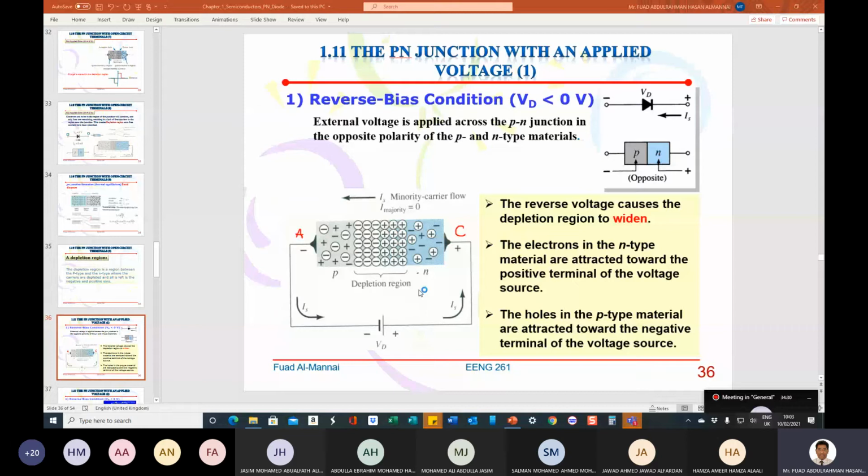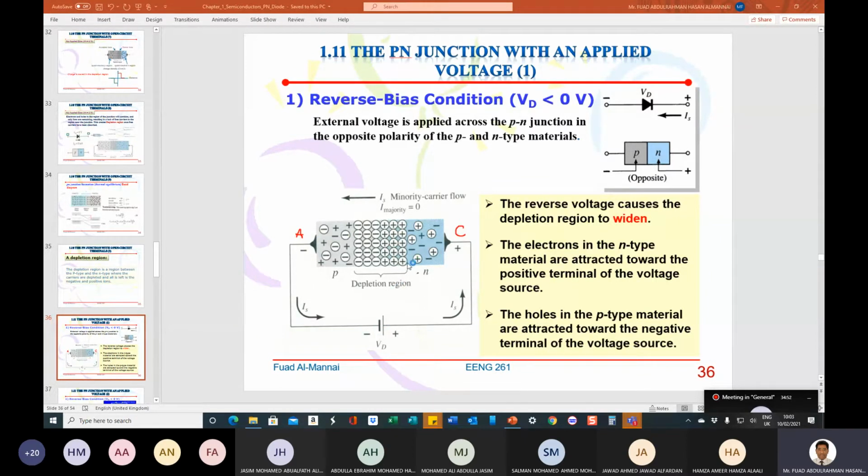Now what happens here is that the positive terminal will attract the electrons, and the electrons will move away from the middle toward the positive. The same thing for the holes: holes are positive, so they will move away to the negative terminal.